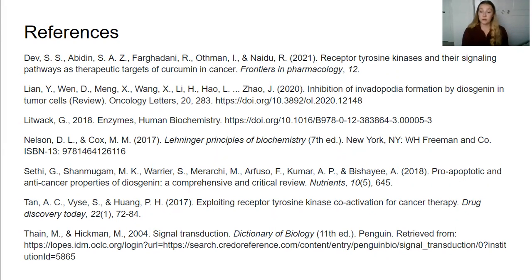Growth factor receptors that initiate through the tyrosine kinases include epidermal growth factor and vascular endothelial growth factor, and the involvement of tyrosine kinase malfunction in cancer continues to be studied for potential new therapeutic methods as we all try to push towards finding an ultimate cure for cancer.